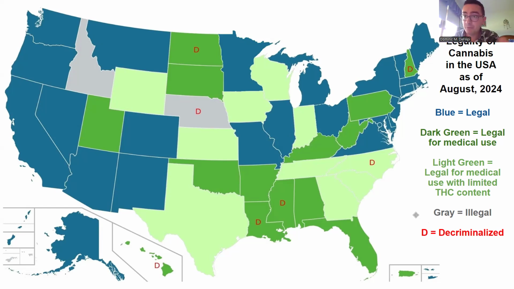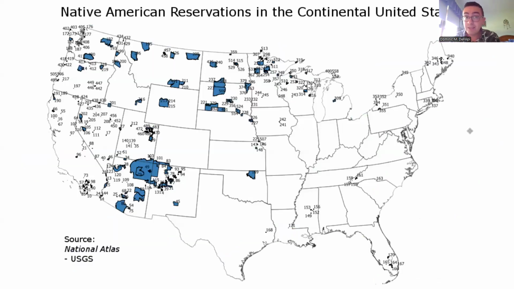And furthermore, if it wasn't complicated enough, we have a lot of tribes in the US. We have Native American reservations, Indian reservations across the continental United States. You can see them all demarcated in blue all across here, tons in the west, but many smaller ones in the east.